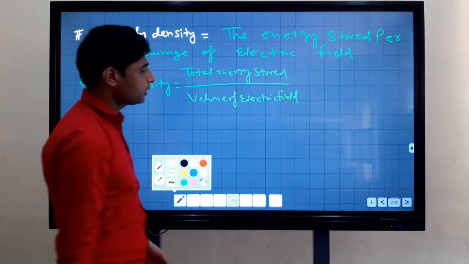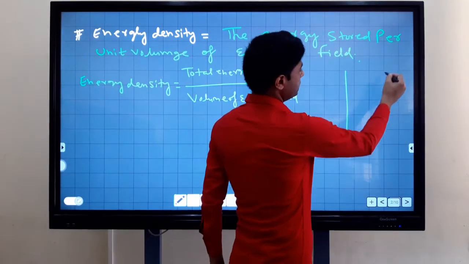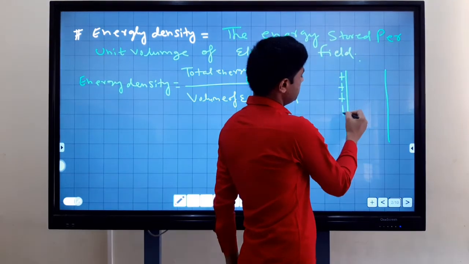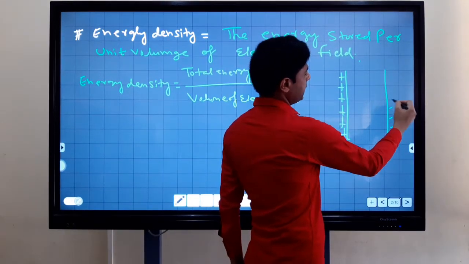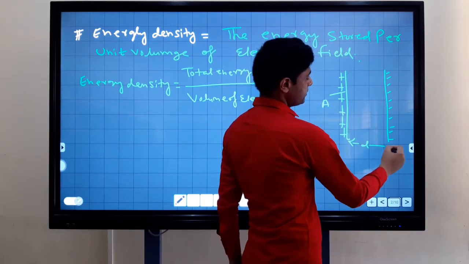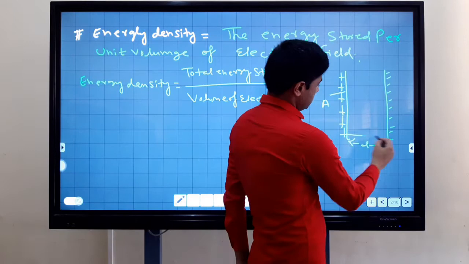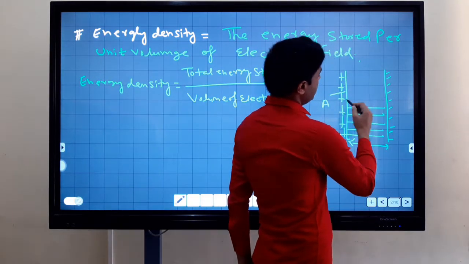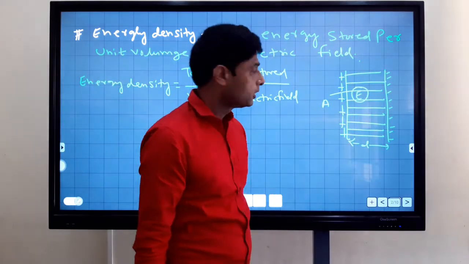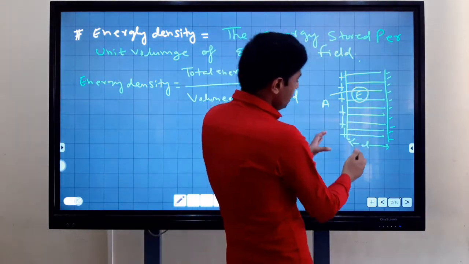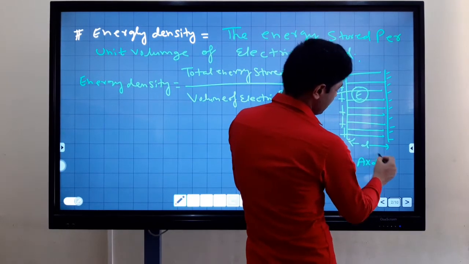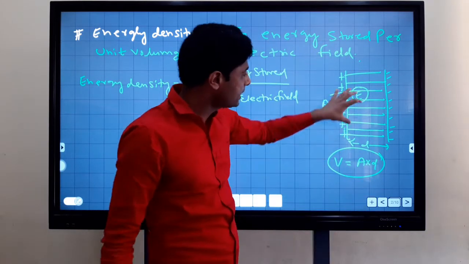Volume of electric field means, as you know, in a parallel plate capacitor, this is the positive plate, this is the negative plate, the area of plate is A and the distance between plates is D. This region is occupied by electric field E. So the volume of the capacitor is equal to AD, and this region is filled by electric field.